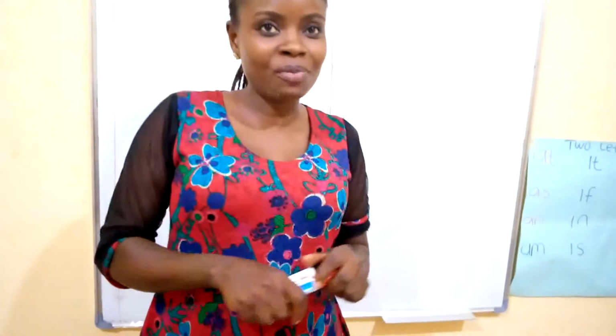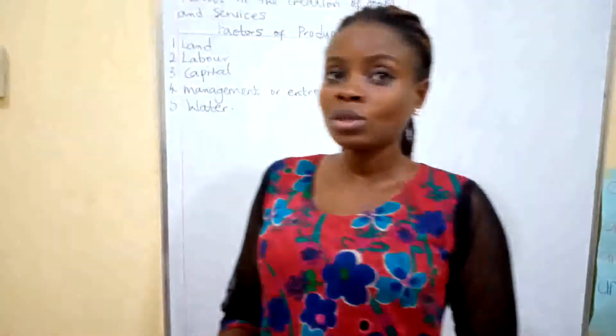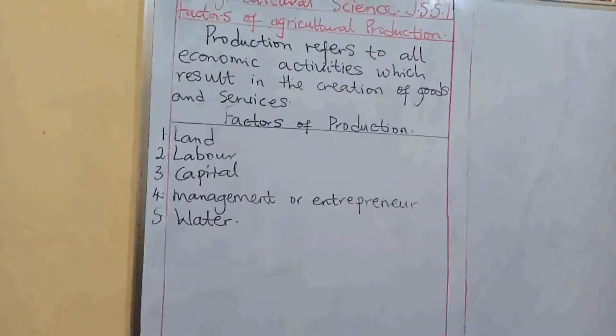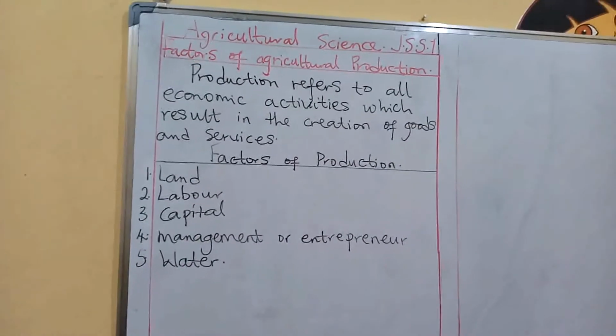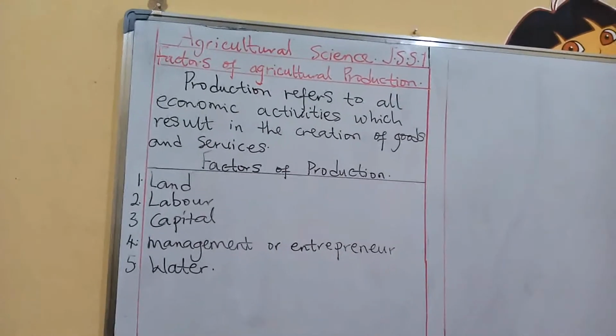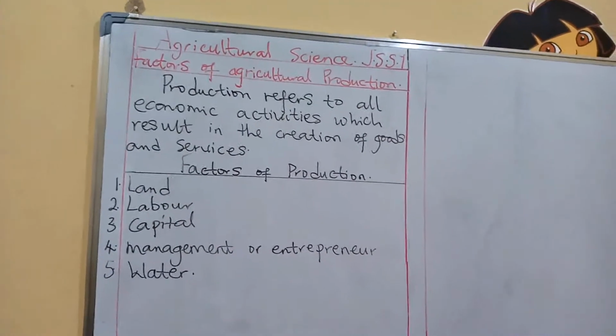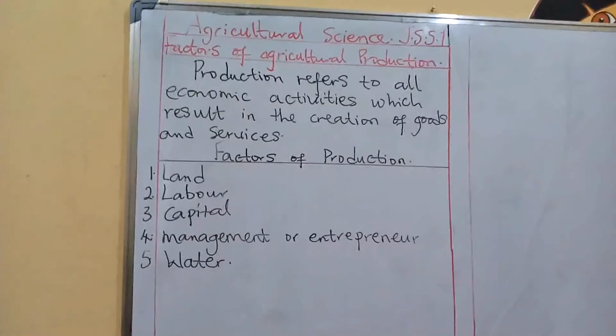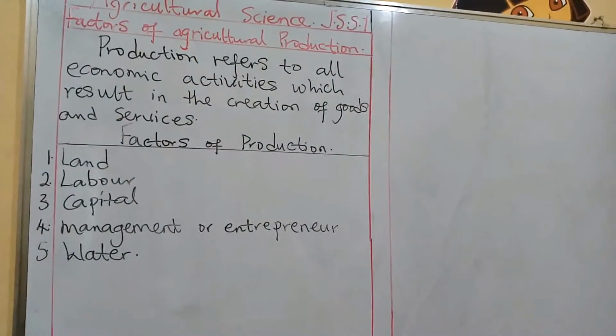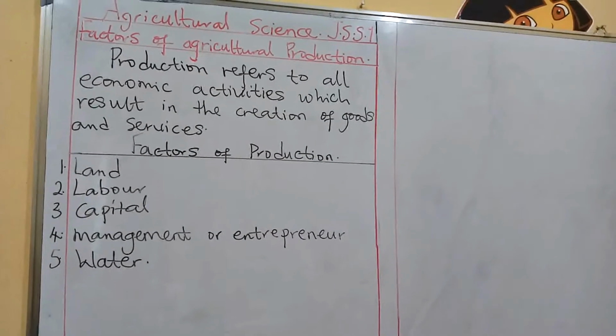Let's take the definition of factors of production on the board. We're talking about factors of agricultural production, and from what we have on the board, following our definition, it says that factors of production refers to all economic activities which result in the creation of goods and services. We can also use that definition to define the word production.